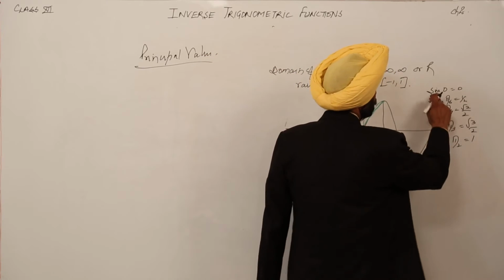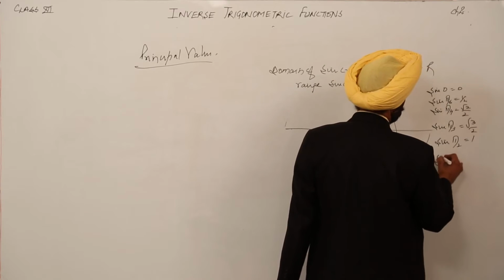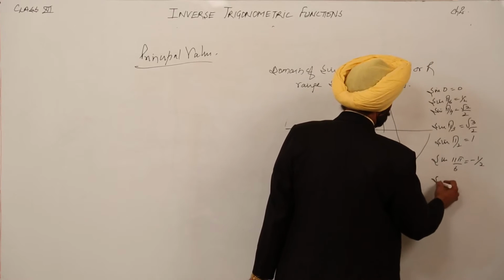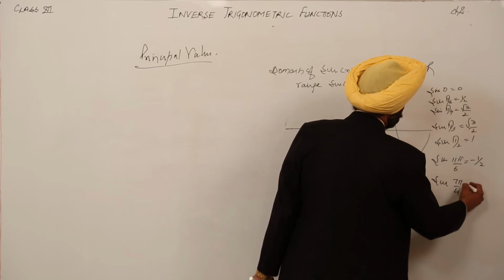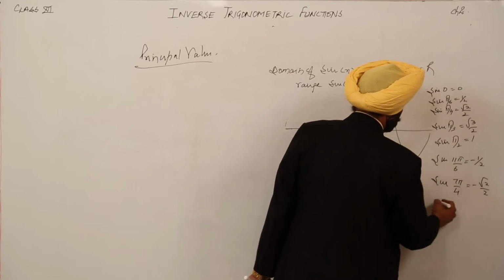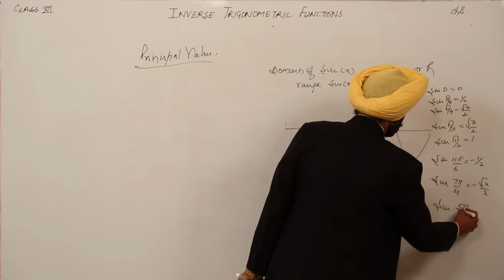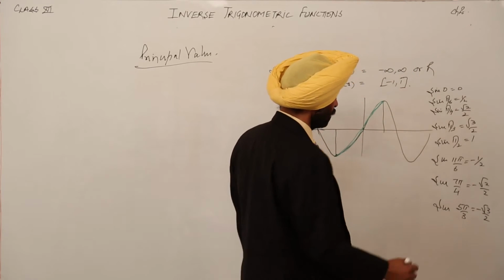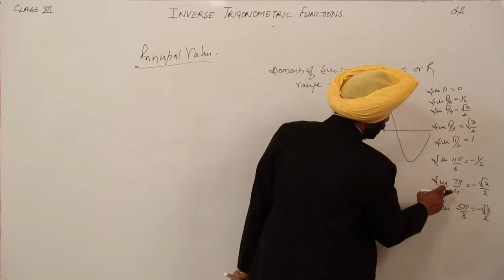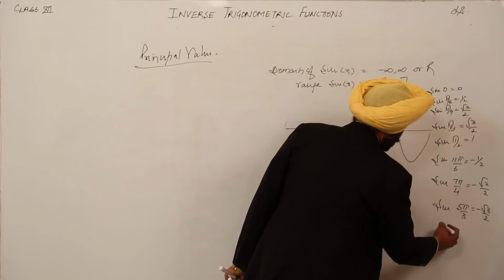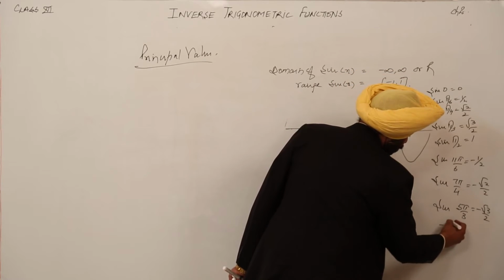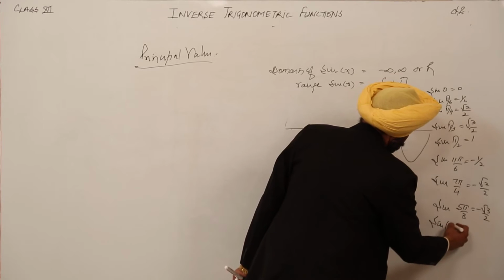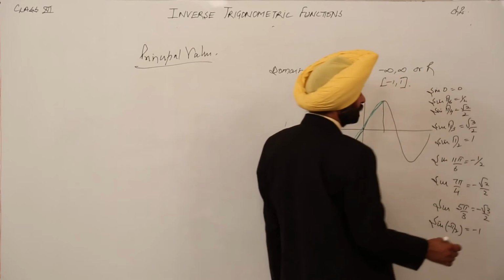Now in the fourth quadrant we are having sine 11 pi by 6 as minus 1 by 2, sine 7 pi by 4 as minus root 2 by 2, sine 5 pi by 3 as minus root 3 by 2, and we can write sine minus pi by 2 as minus 1.